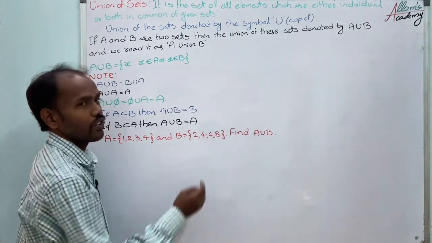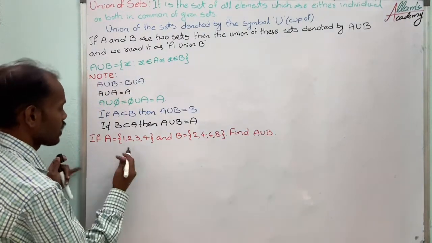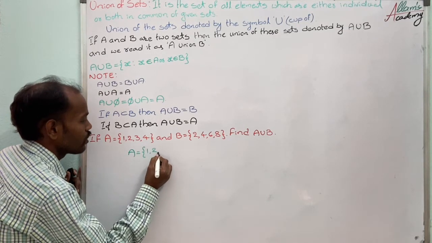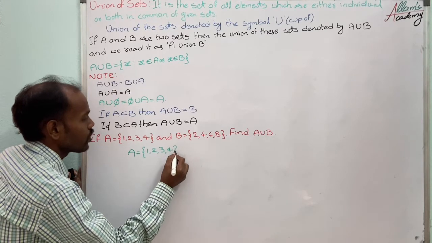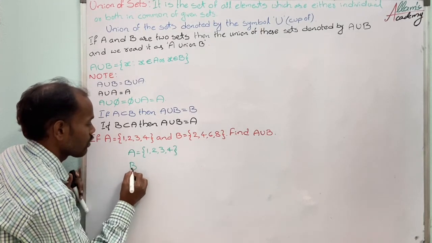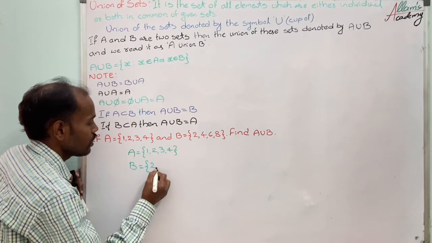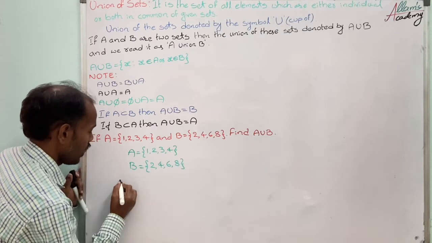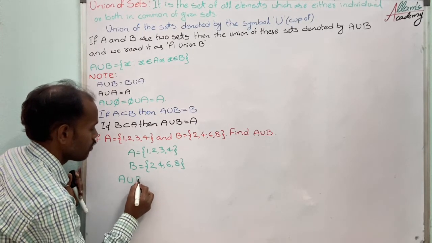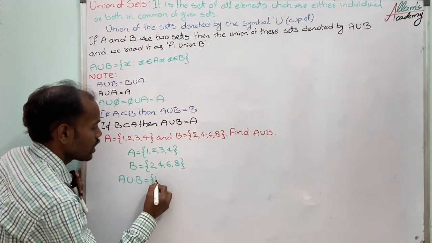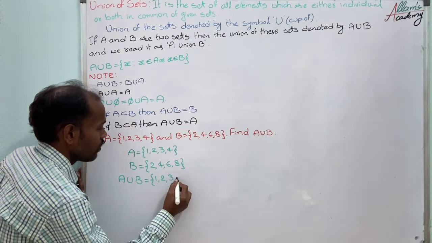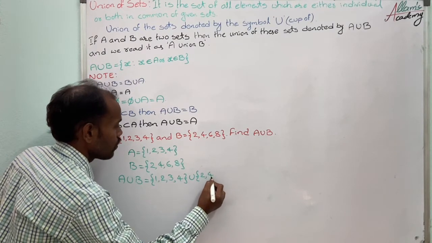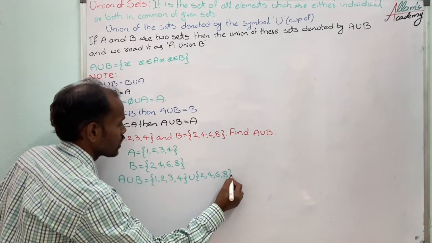Now find A union B. Now A union B equal to {1, 2, 3, 4} union {2, 4, 6, 8}.